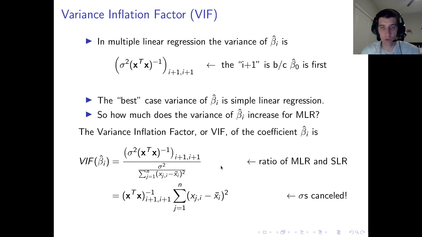Okay, so what the variance inflation factor is computing is how many times larger the multiple linear regression variance is compared to the simple linear regression variance for that predictor. Okay, this is important because it is related to the fact that X transpose X inverse begins to explode as we have near degeneracy in our design matrix.